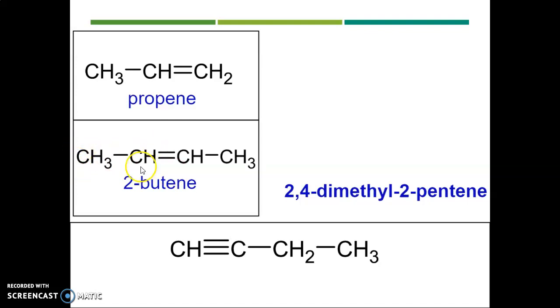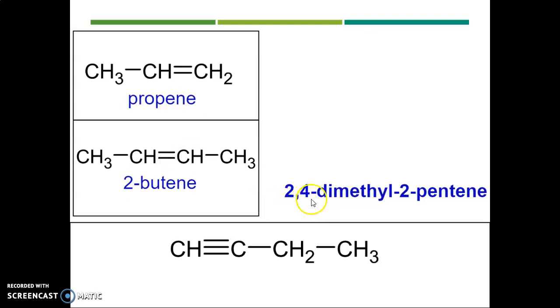All right, 1, 2, 3, 4, or 1, 2, 3, 4. It really doesn't matter which way you decided to go on that one, but I did have to indicate where it was because the double bond could have easily been on the first carbon. Okay, so that's why the number is necessary here, not necessary here.